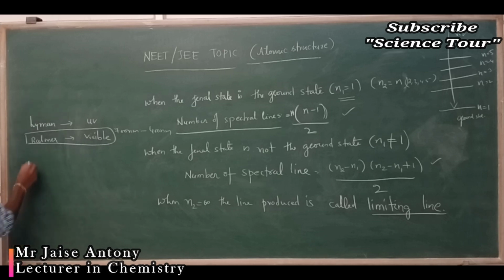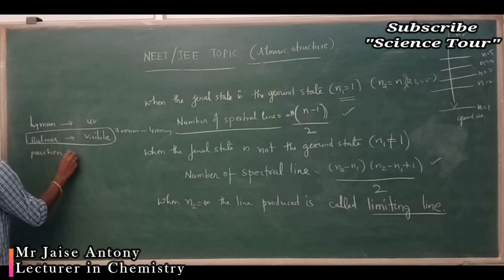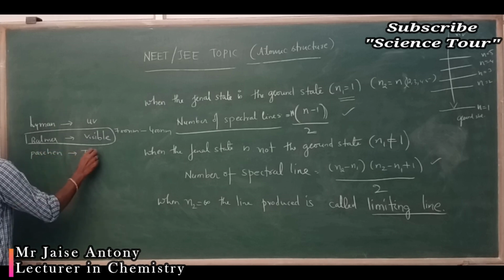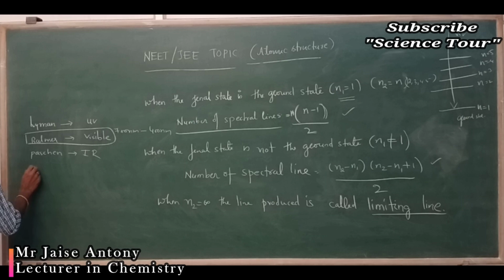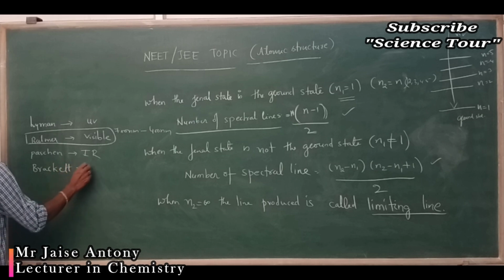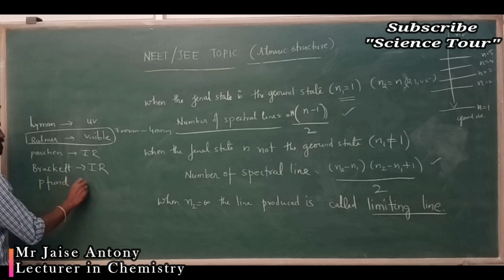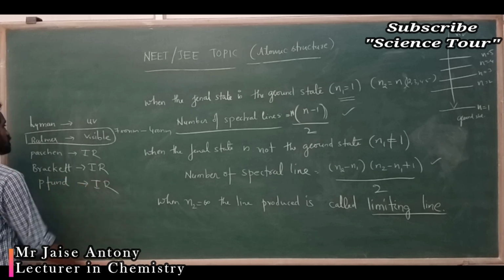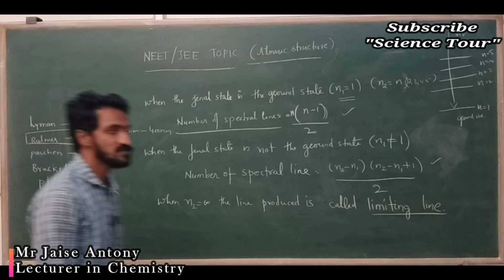Okay. Next, Paschen: IR region, infrared. Bracket, again IR region, infrared region. And Pfund, again IR region. Note down this region also, my dear students.